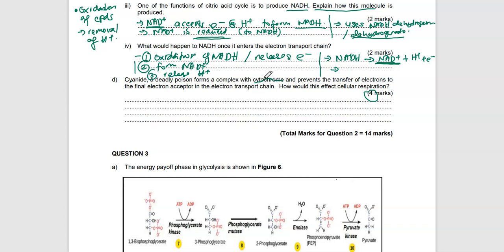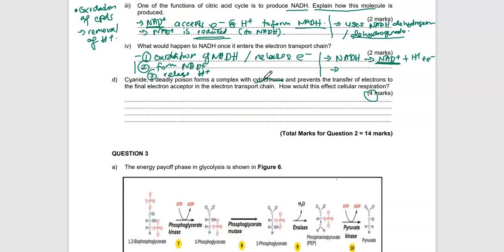For 4 marks, you could mention that the electron transport chain will be unable to function. Second, no electron is transferred because it is now blocked. Third, no proton gradient or no proton motive force will be generated.